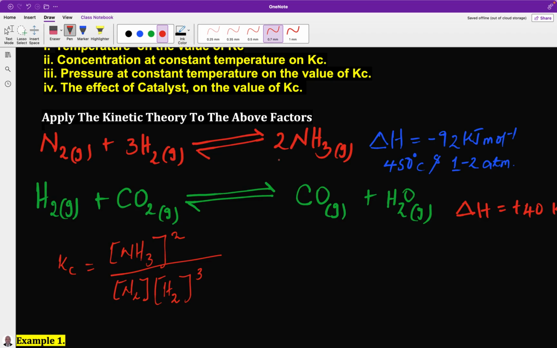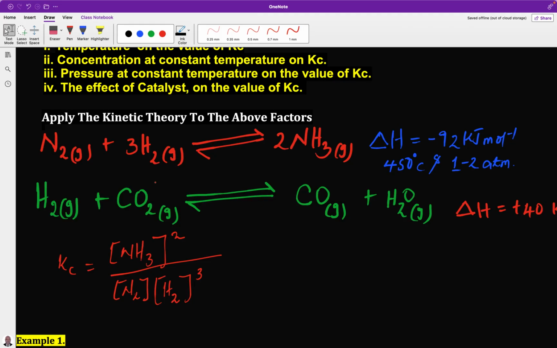And when there is more of the product formed, Kc will do what? Kc will increase because there is more product than reactant. Kc in this case will increase when pressure is increased. Therefore, gas pressure will favor the production of more ammonia. And secondly, if the pressure is decreased.